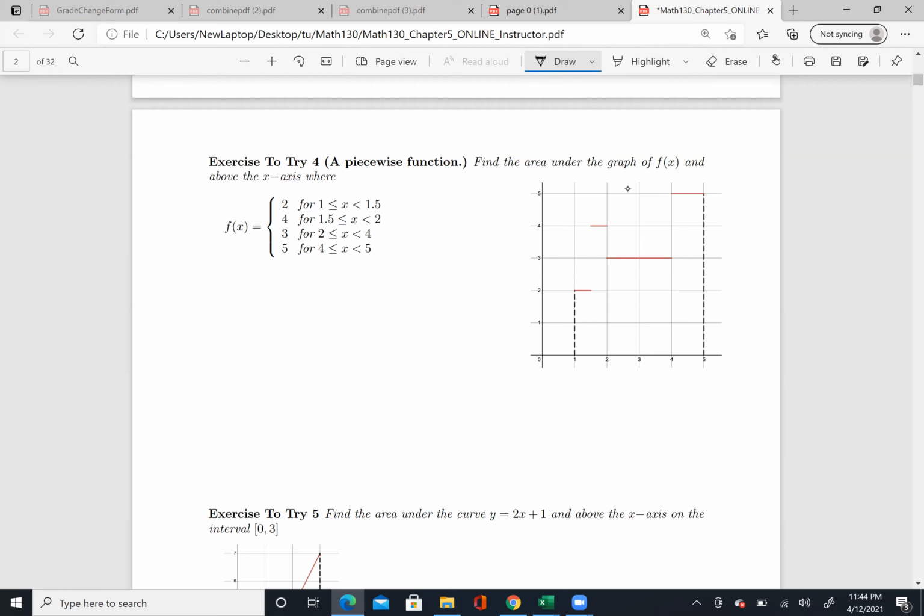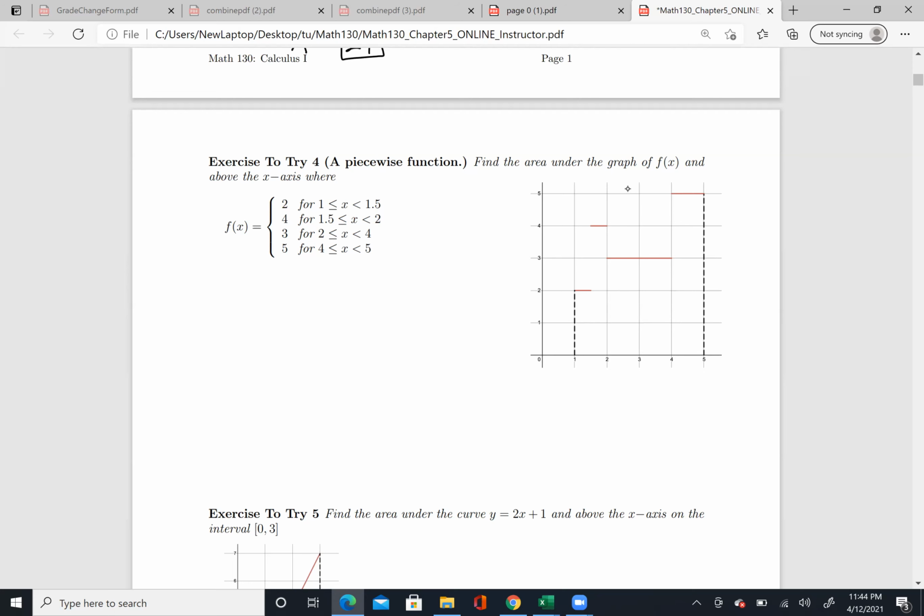So I have to draw a line, so here is A1, and then A2 is when x is from 1.5 to 2, right?